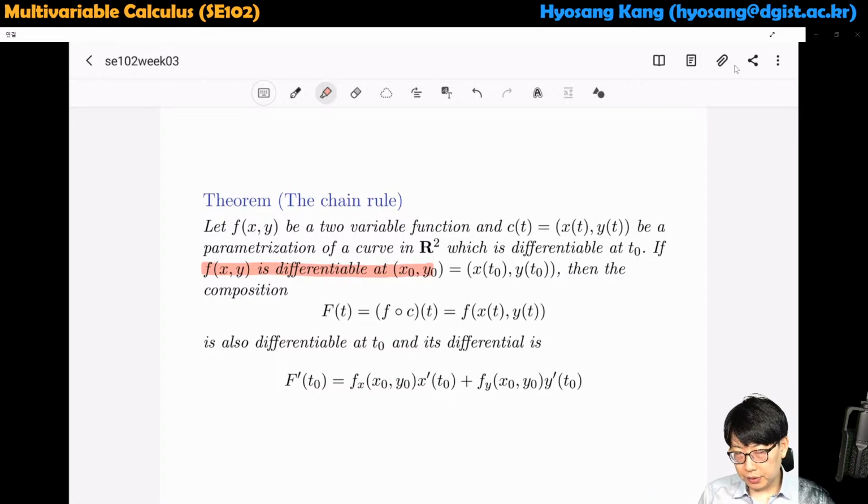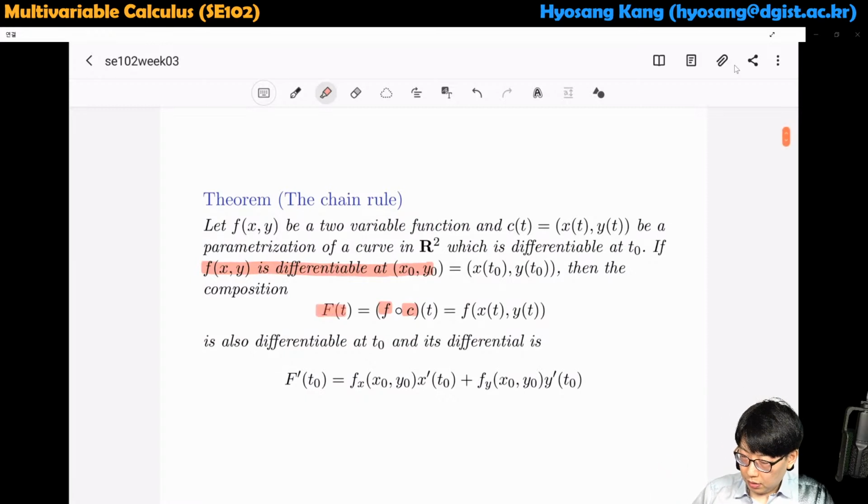Let's compose the two functions, f and c. So c maps t to a pair of points, and we take that pair as the input of the function again. So the outcome is a single-valued function, which sends t to some value of f.